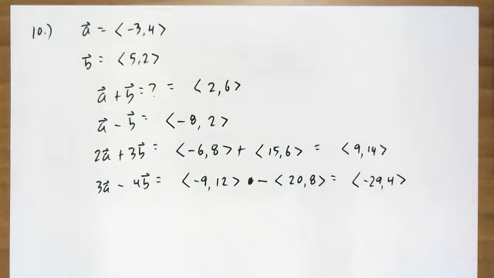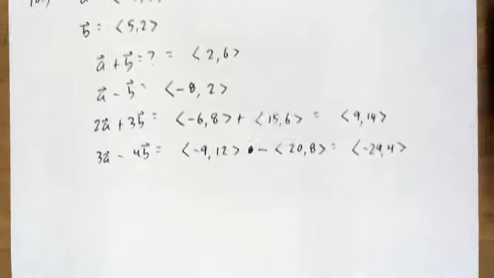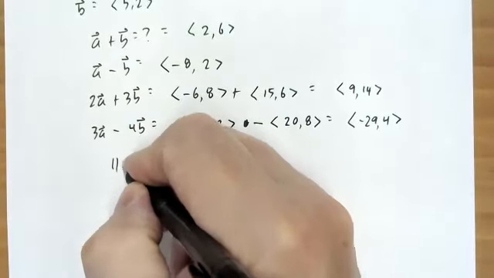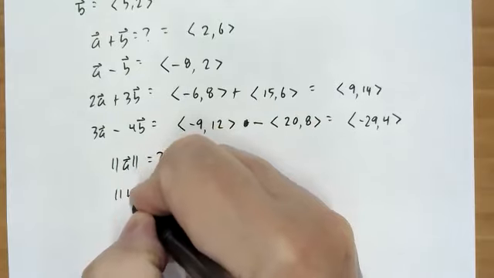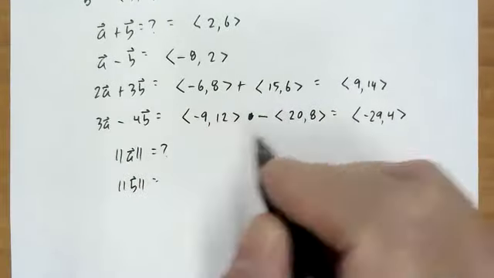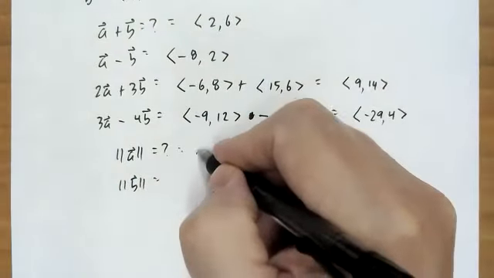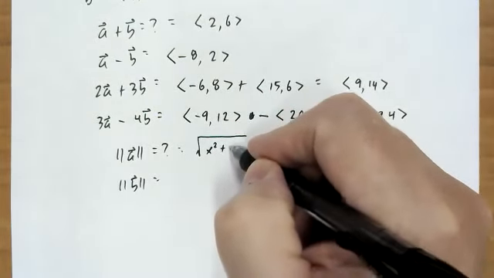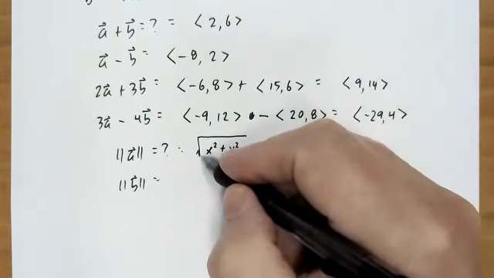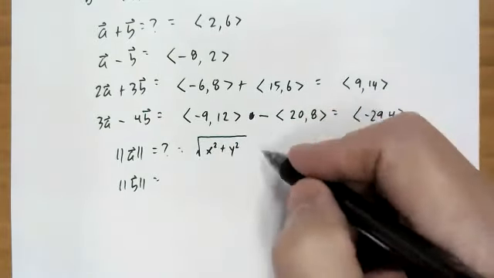All right, pretty straightforward. The last two things they ask you to find are the magnitude of A and the magnitude of B. Now the formula for the magnitude is you simply take the x part and square it, add the y part squared, and then take the square root of the whole thing.